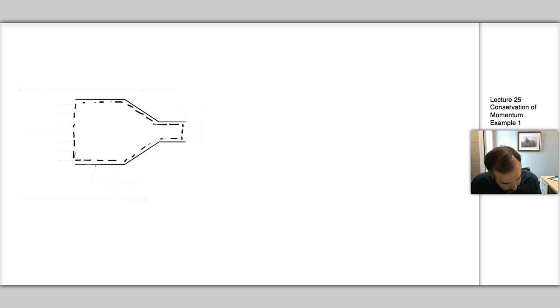Well, on this end we have the pressure, so P1 times A1 to get a force. And then on this end we have P2 A2. Go ahead and draw our axes. So this is X and this is Y, like that.